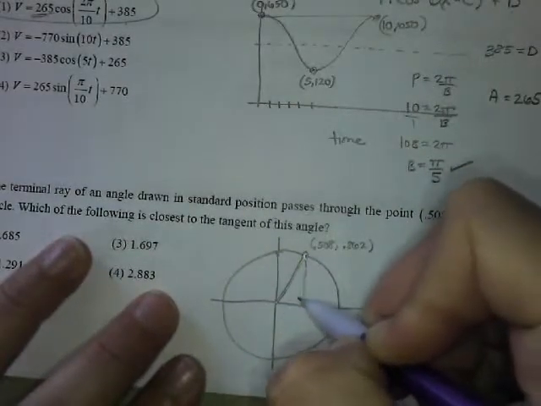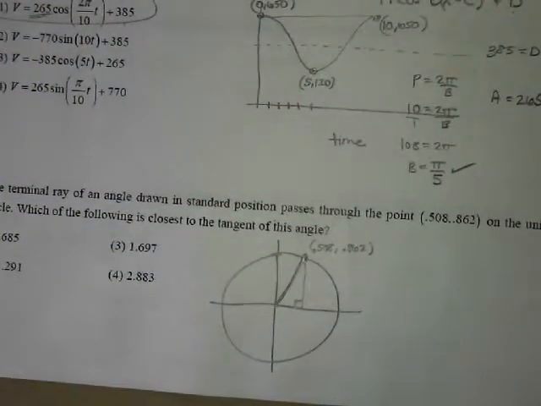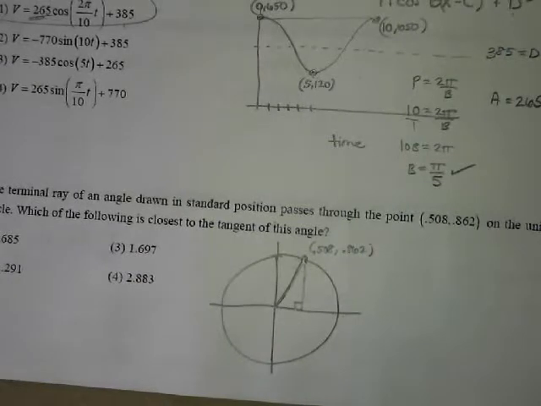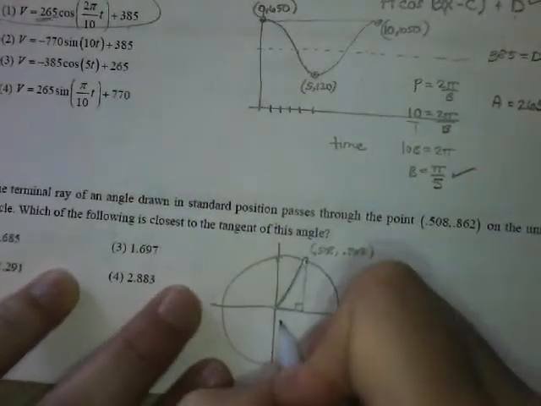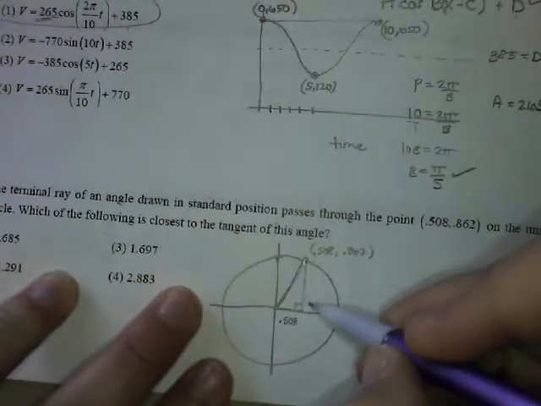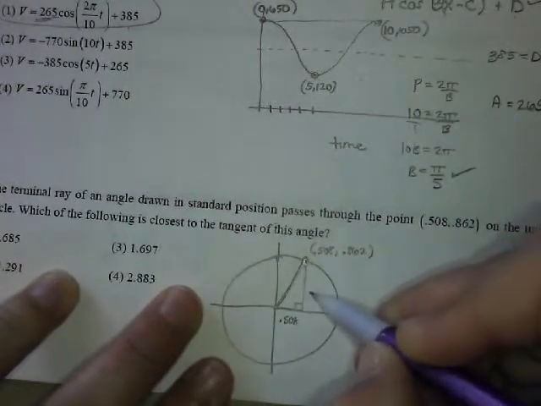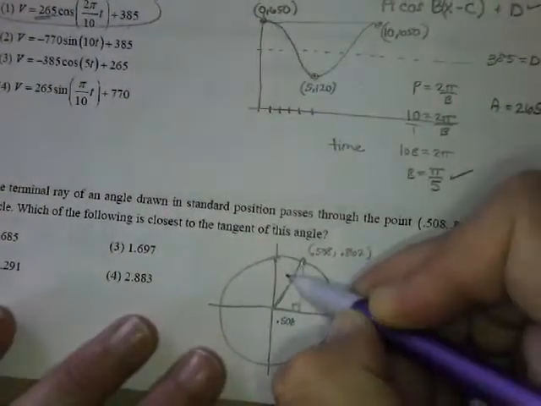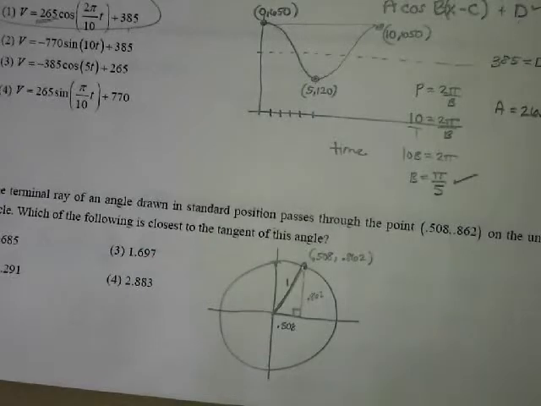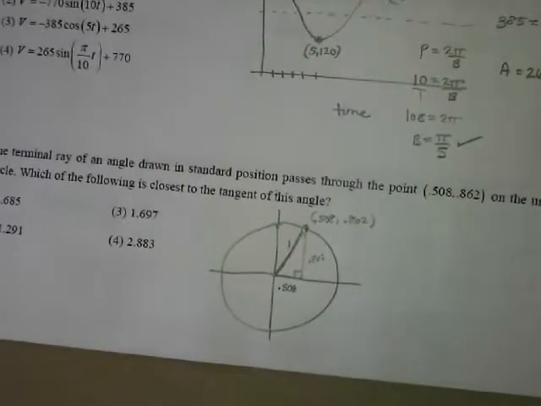If you have the coordinates of a point, then they've subtly given you 2 lengths of the triangle. Your x-coordinate gives you this leg, 0.508. Your y-coordinate gives you this leg, 0.862, and this was on the unit circle. So hypotenuse was 1. Even if they didn't give you that hypotenuse, your Pythagorean theorem could find it for you.